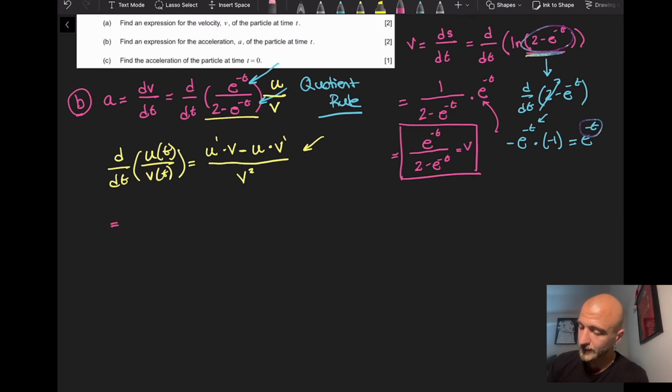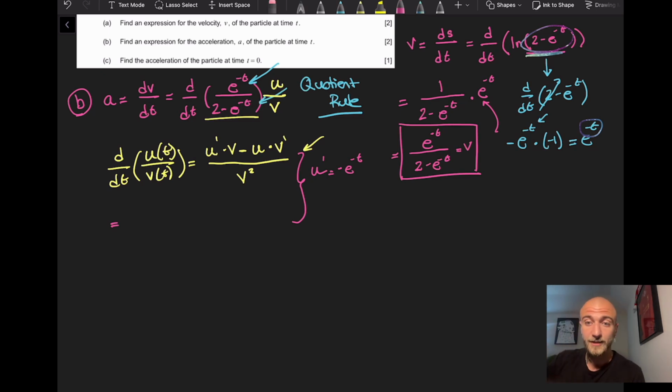We're going to figure out the derivatives off to the side to start with, so we can just plug and chug. The derivative of u, the top one, the derivative of e to the negative t, is just negative e to the negative t.